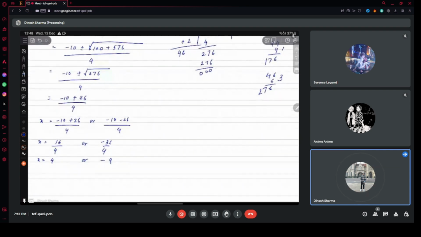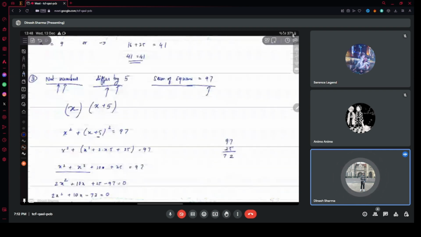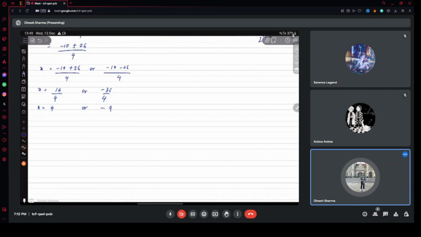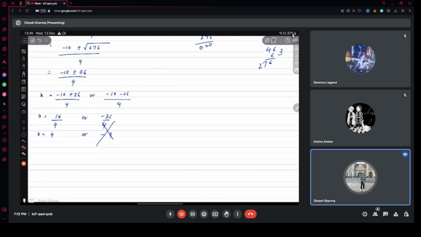But it is said that it is a natural number. So if your number is a natural number, you can directly exclude this one. Your minus 9 will not be included. So therefore x is equal to 4 and this is omitted. You don't need to cancel like this. You just need to write omitted in the bracket, because we know that x is a natural number, so you omit it.